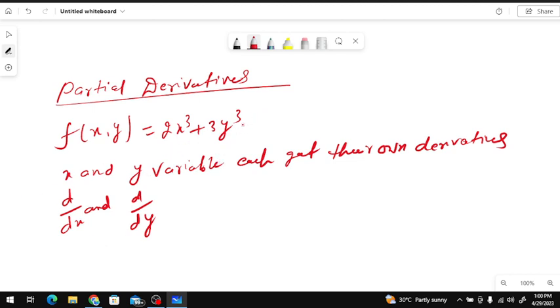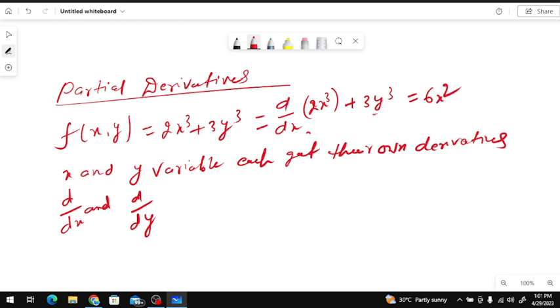If I write dy dx of 2x cube plus 3y cube, the second term is a constant, so we assume it is a constant, and your answer becomes 3 times 2, which is 6x square.